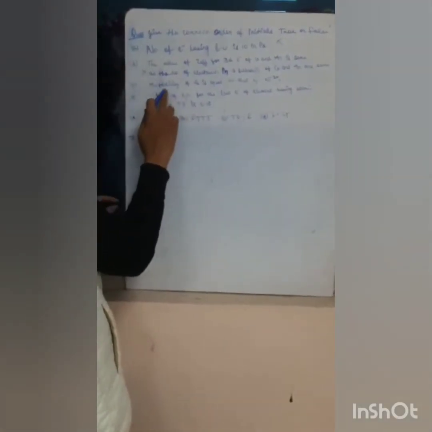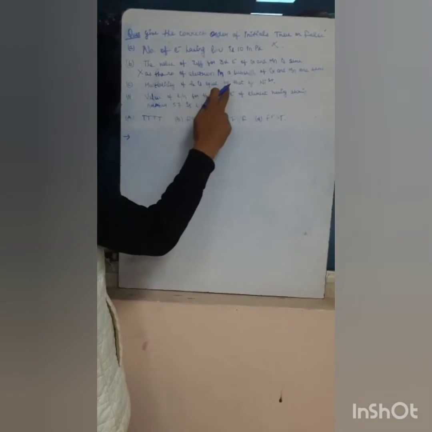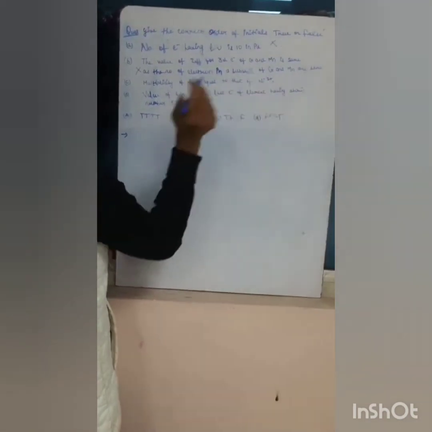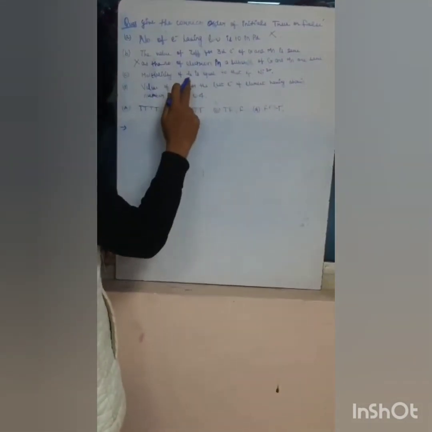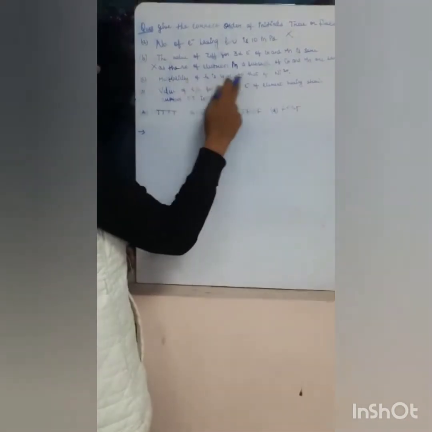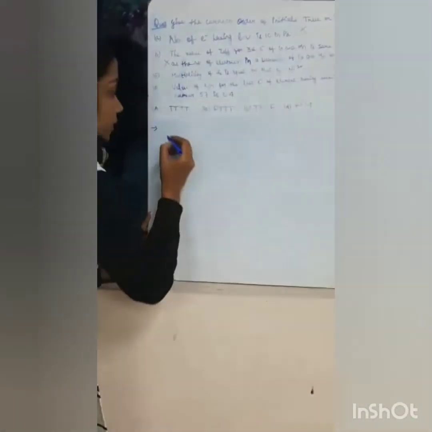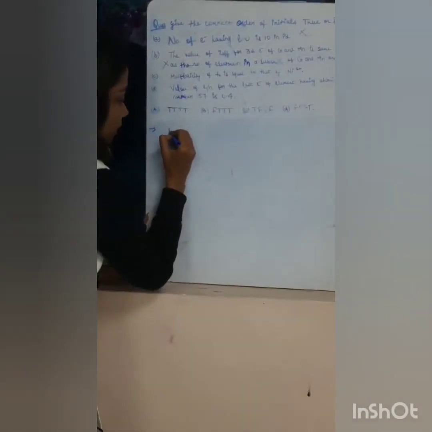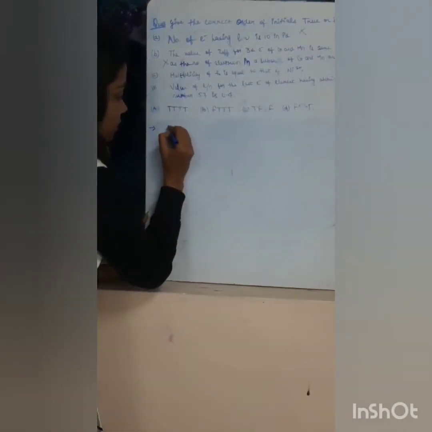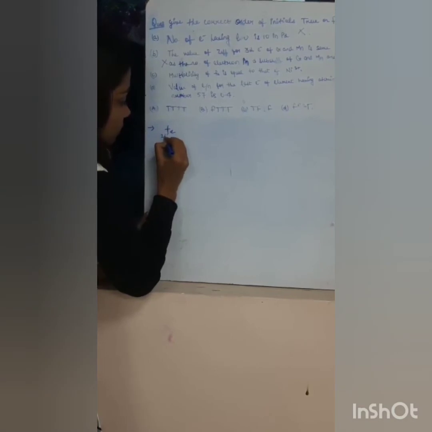The third statement is: the multiplicity of Fe is equal to that of Ni2+. For this we have to calculate the electronic configuration of Fe as well as Ni2+. Firstly Fe. The atomic number of Fe is 26.